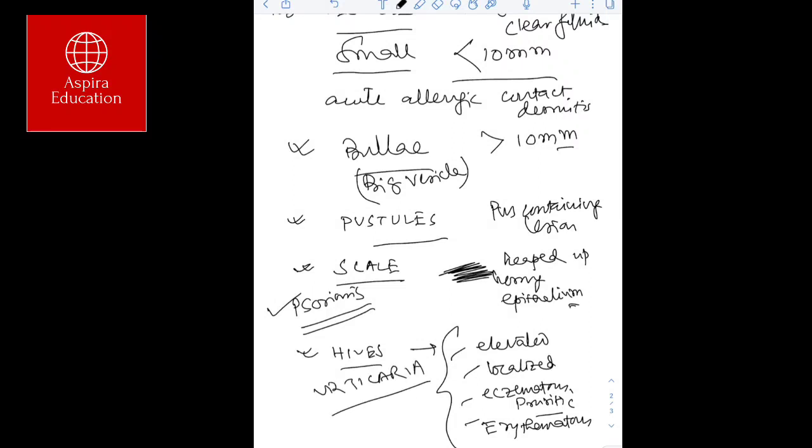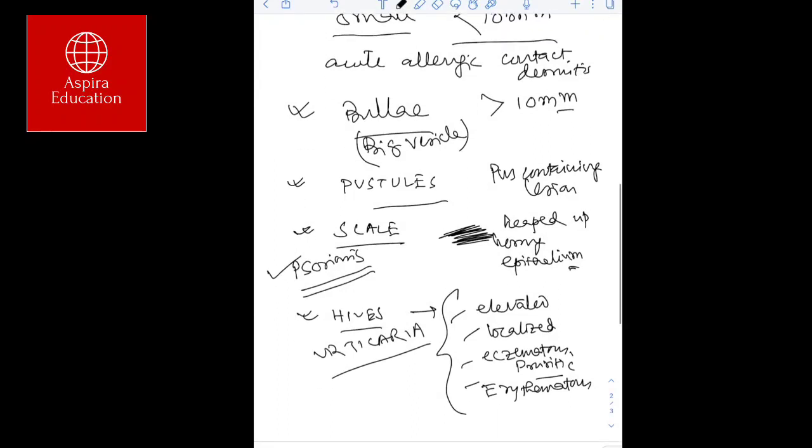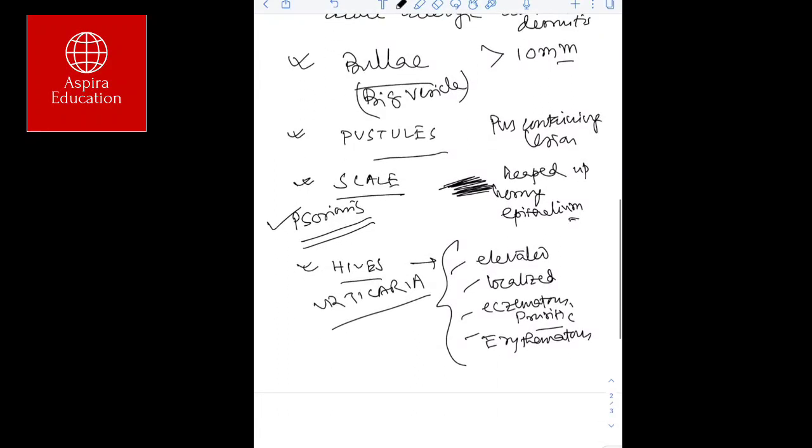In multiple areas we can find it. It can be due to some allergen. You can also find it in case of angioedema. So in various cases, various areas, we can find these hives.